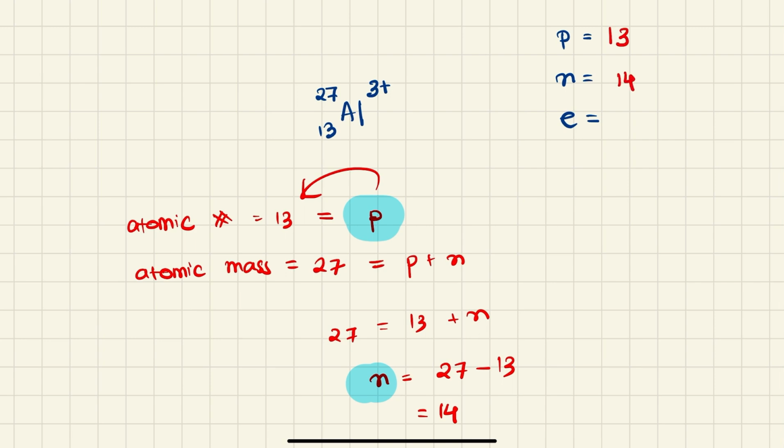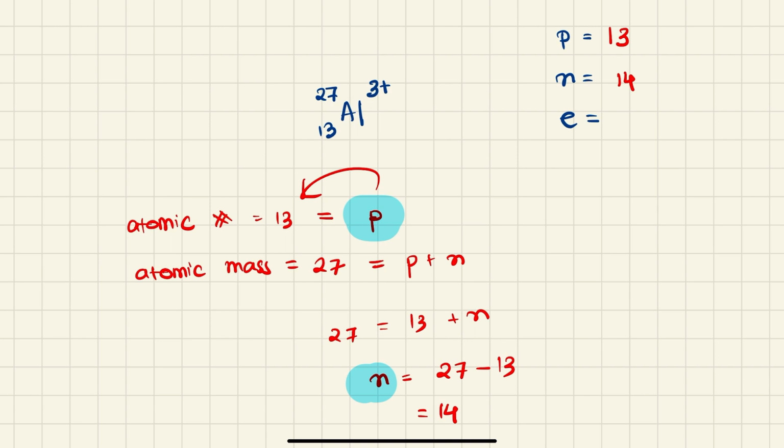Now the question is the electrons. What is the number of electrons here? If you remember, I told you that in an uncharged element, the number of electrons is the same as the number of protons. But is this an uncharged element? No, it's not. You can see there is a charge there, 3 plus.